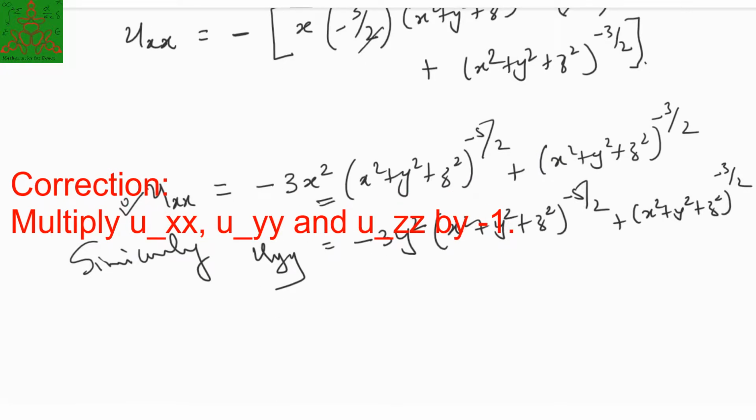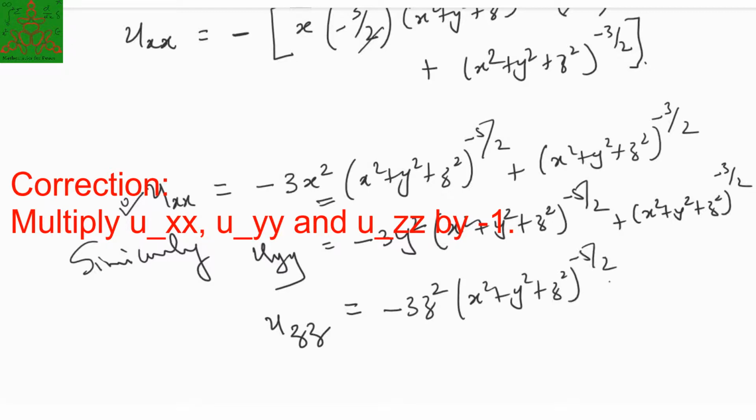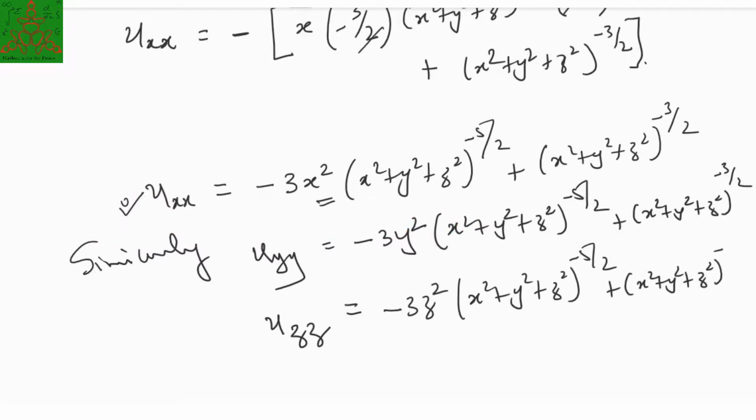Now similarly, if you have to write down uzz, which is the derivative of u with respect to z twice, again this is a symmetric function. So you can write this as minus 3z square (x square plus y square plus z square) raised to minus 5 by 2 plus (x square plus y square plus z square) raised to minus 3 by 2.